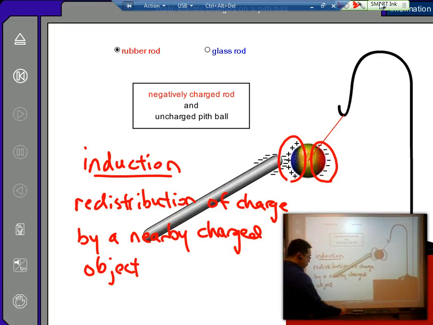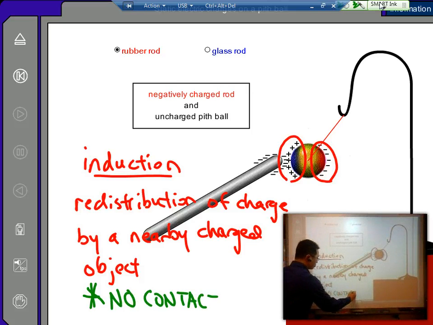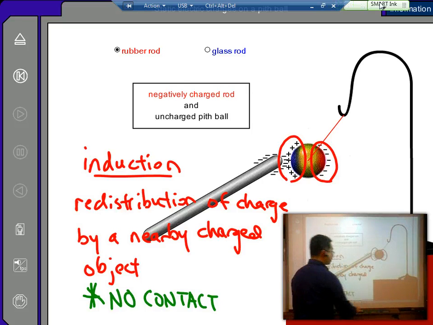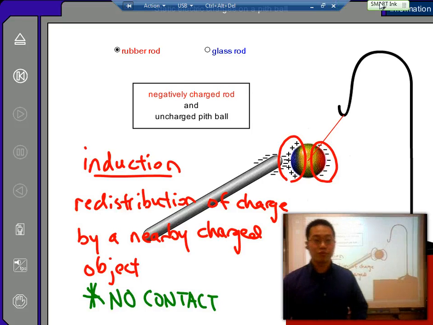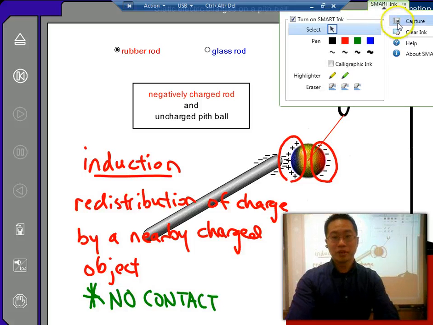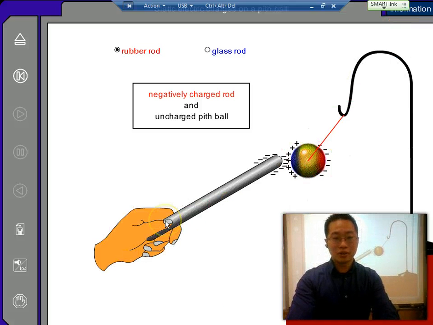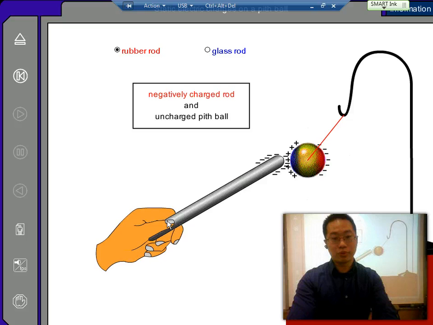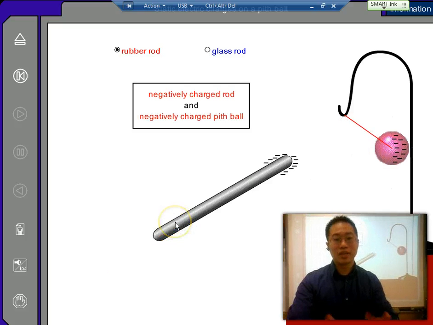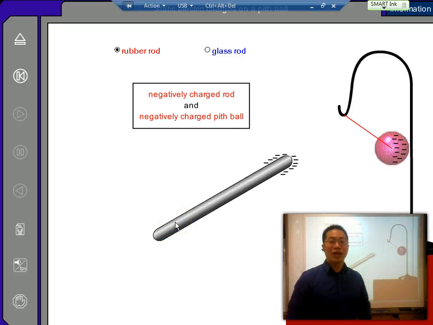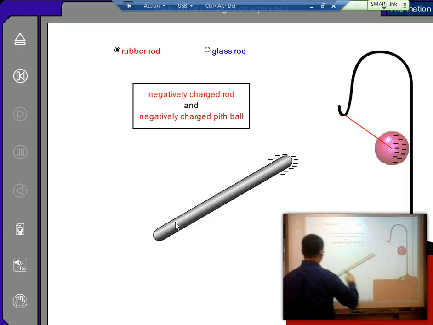Okay? And the most important thing, of course, is that during induction, there is no contact whatsoever between the charged rod and the pith ball, or whatever it might be. Because if there was contact, well, that wouldn't be induction anymore. That would be what we call conduction. And with conduction, we have a transfer of charge.